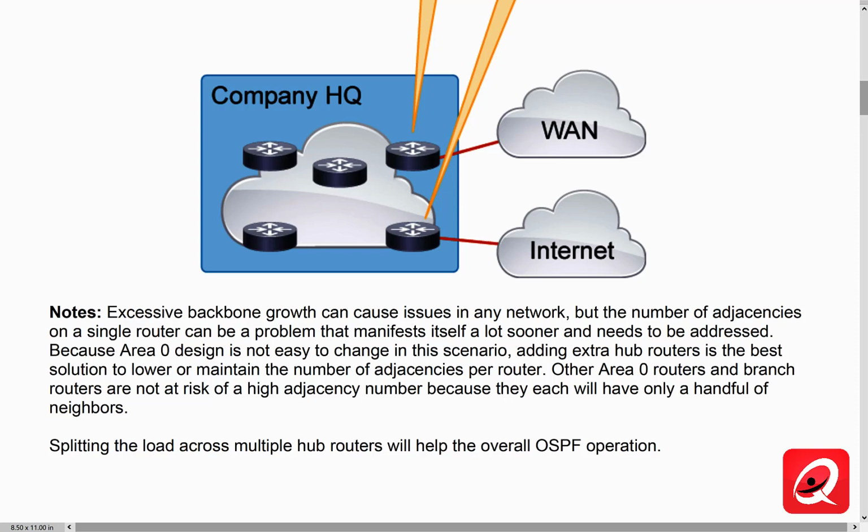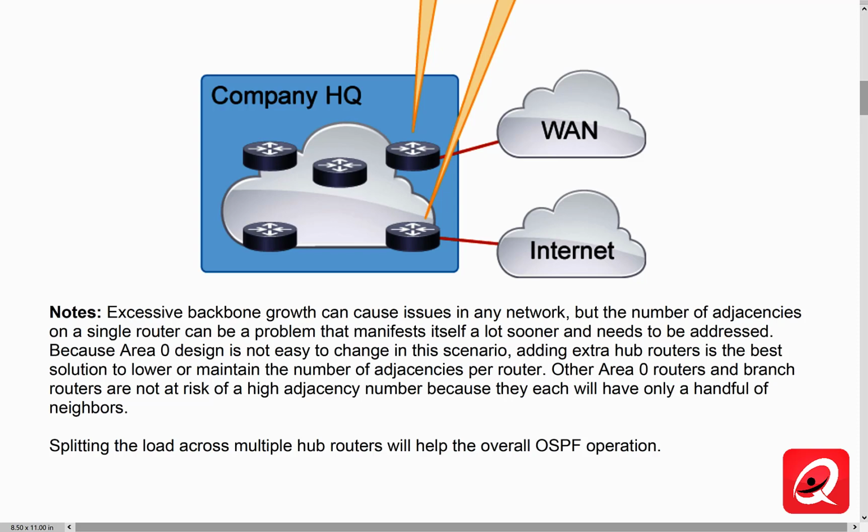Other Area 0 routers and branch routers are not at risk of high adjacency numbers because they each will have only a handful of neighbors inside of Area 0. Splitting load across multiple hub routers will help the overall OSPF operation.